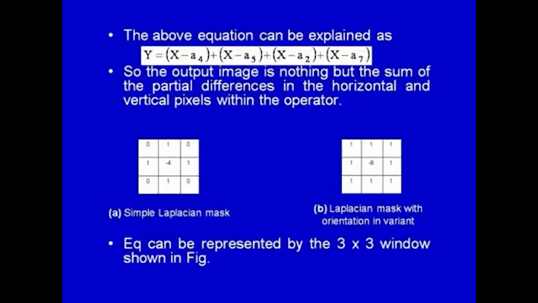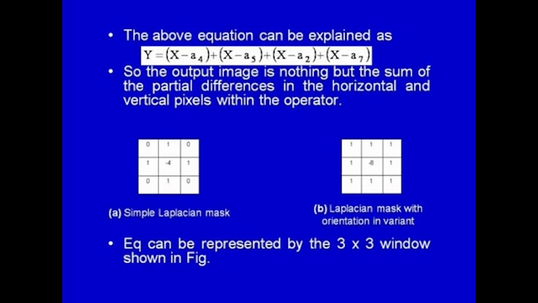However, in order to accommodate edges in any direction other than vertical or horizontal, we can rotate the original mask by 45 degrees and create another Laplacian mask with orientation invariance.